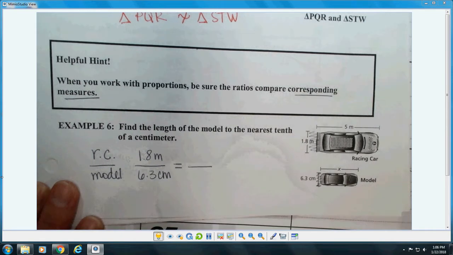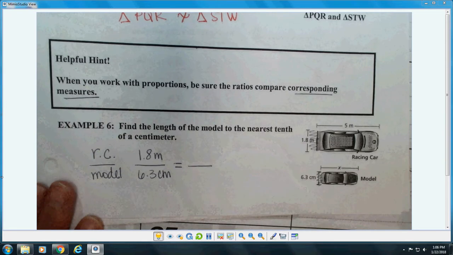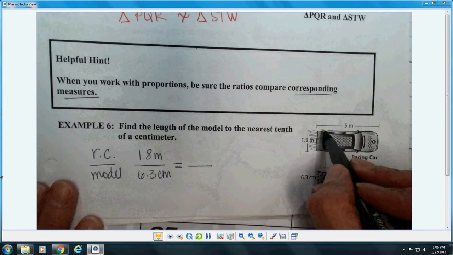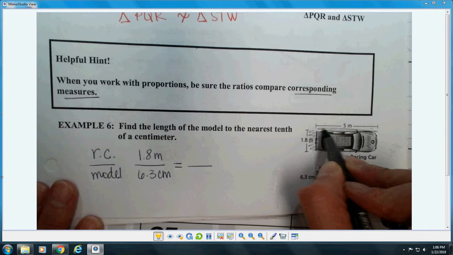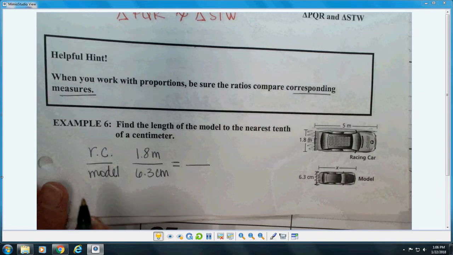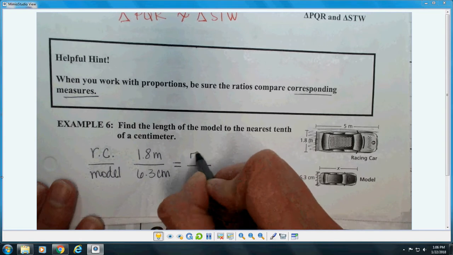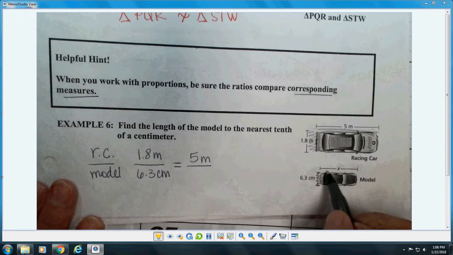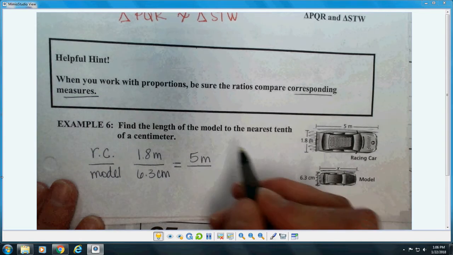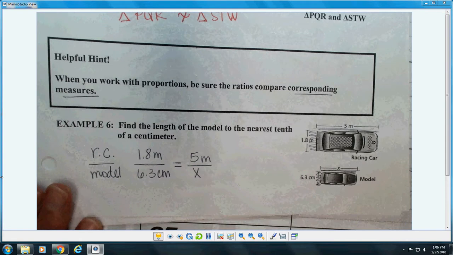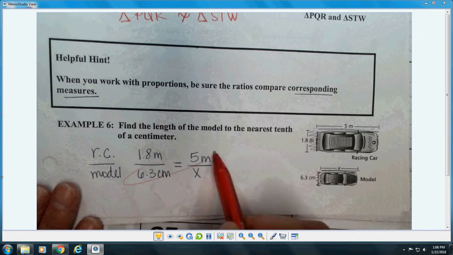That is going to have to equal, we're setting up our proportion like yesterday, the length of my racing car, 5 meters. Is that going to go on the top or the bottom? The top, because that's where I have my racing car, 5 meters, over the length of my model, which is x. To solve, I'm doing my cross products.